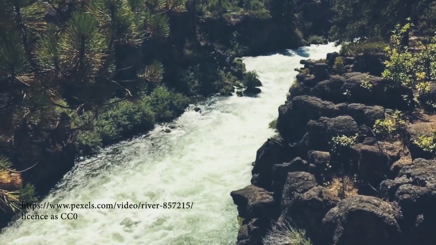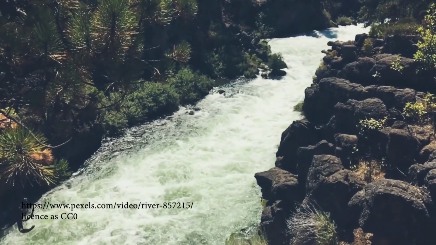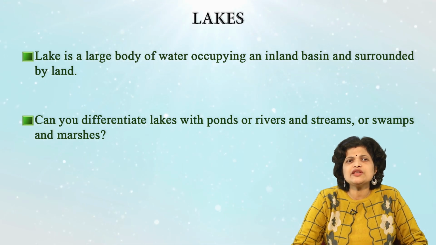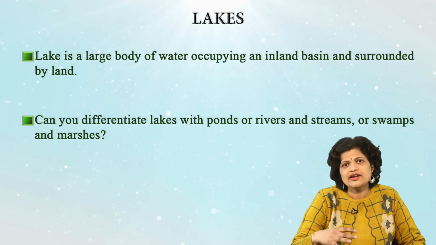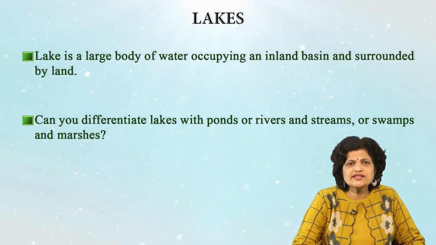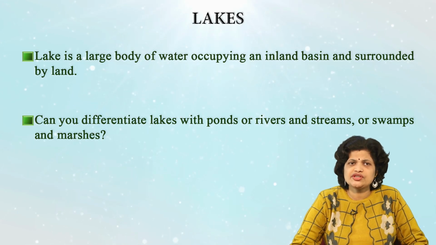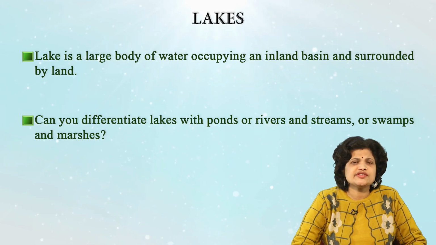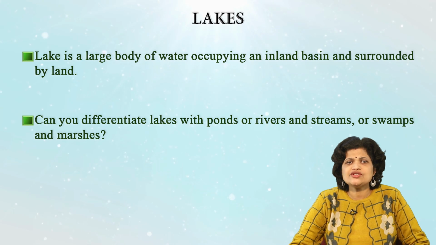Yes, because rivers are mobile water bodies, they are moving water, and lakes are relatively stagnant or very slowly moving water bodies, and they are also surrounded by land from all sides. And swamps and marshes have a lot of vegetation on them compared to the lakes. So these are the differences between lakes and ponds, or lakes and rivers and streams, or lakes and swamps and marshes.